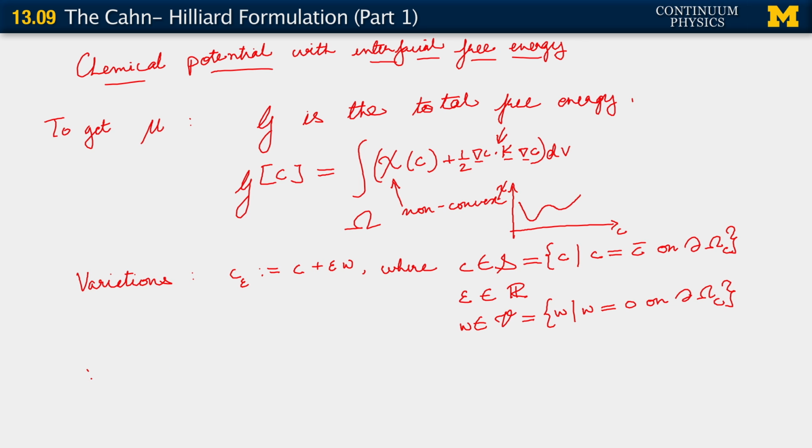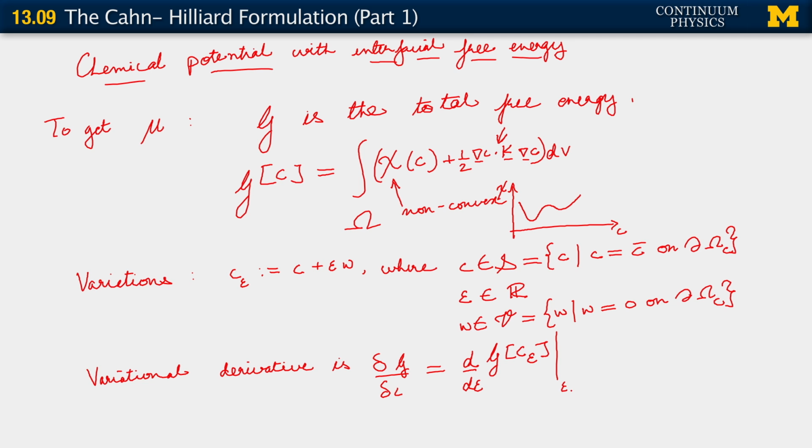And now our variational derivative is delta G delta C, which is d d epsilon of G evaluated at C sub epsilon.